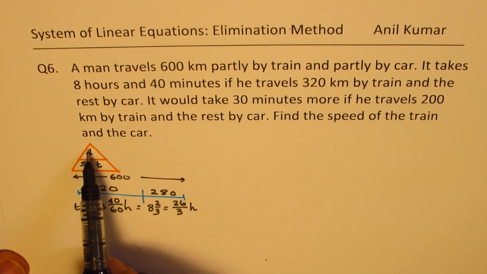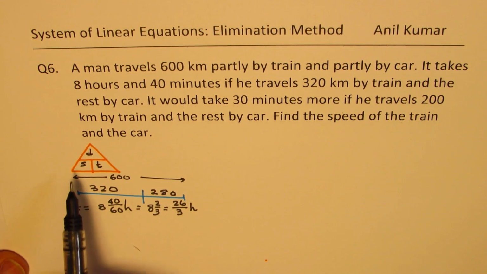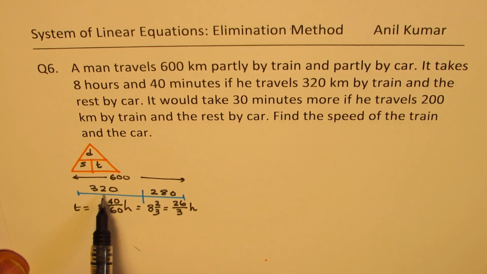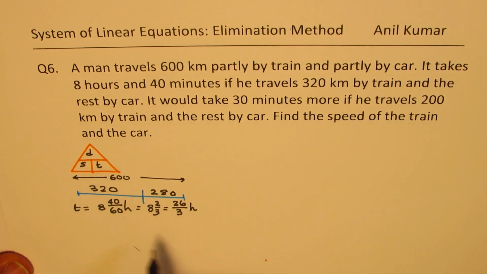Now, time is distance over speed. So, let us say the speed of train is capital T. So the time taken by train should be, let's write this equation here.